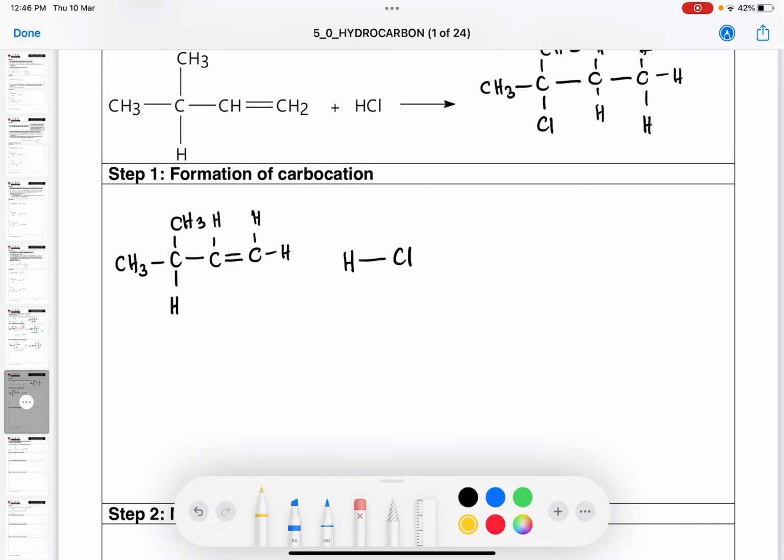Now, before we proceed with the second step, I would like to show you that this H has actually become H+. H+ is an electrophile.